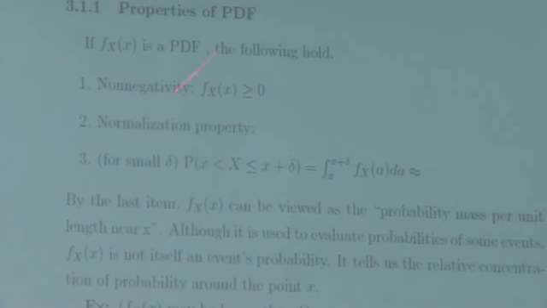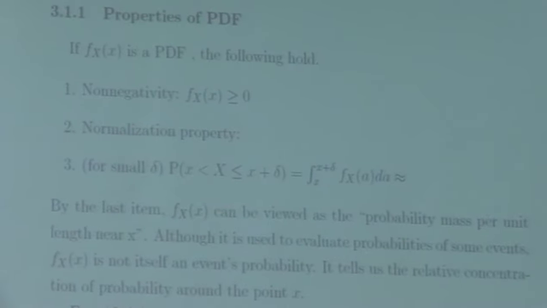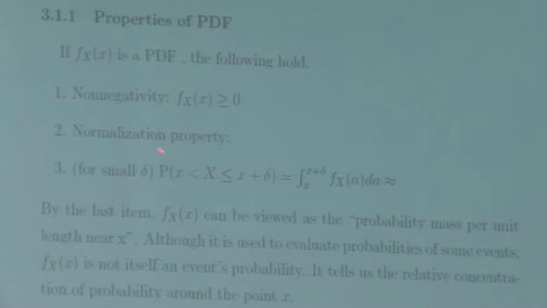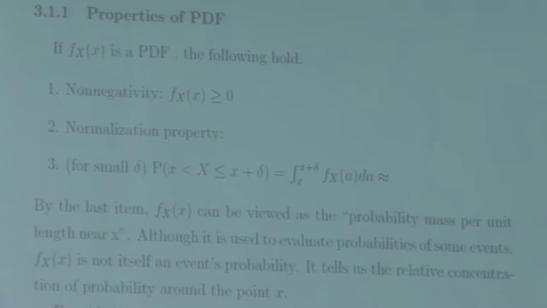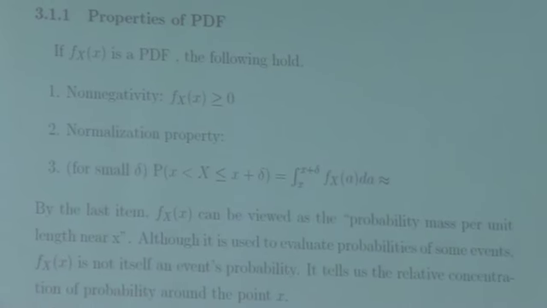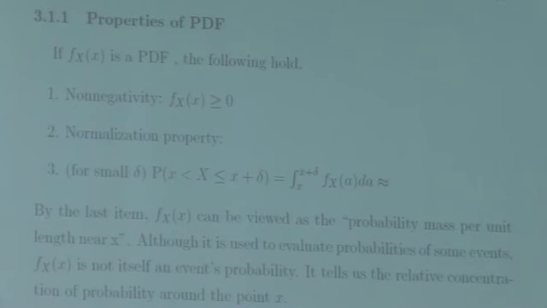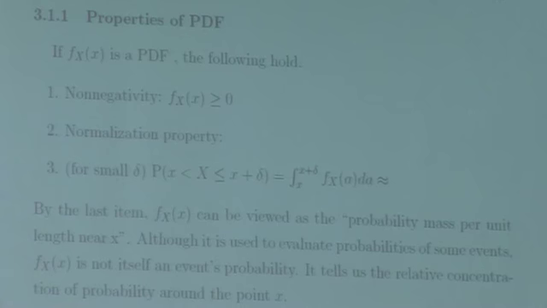Now, the PDF is non-negative. And when you integrate the PDF from negative to positive infinity, you should get 1. Why? Because that would be the probability that x takes values from negative to positive infinity, which should be an event with probability 1, according to the way we defined random variables.